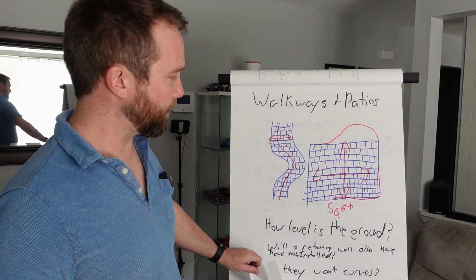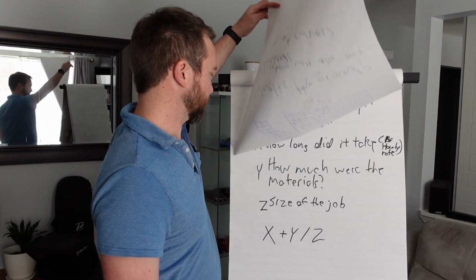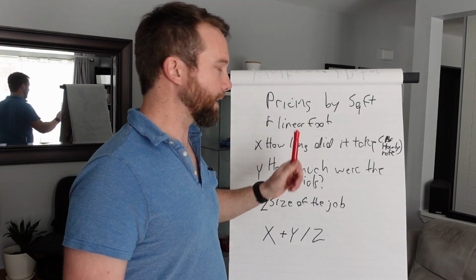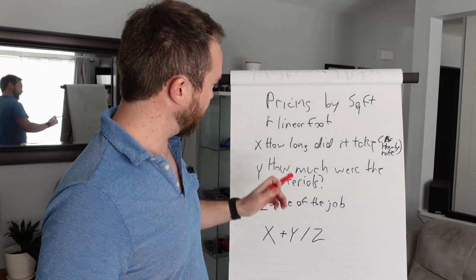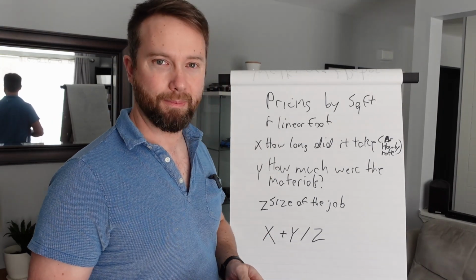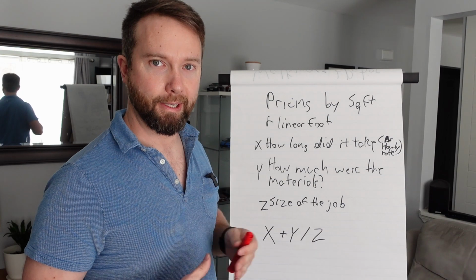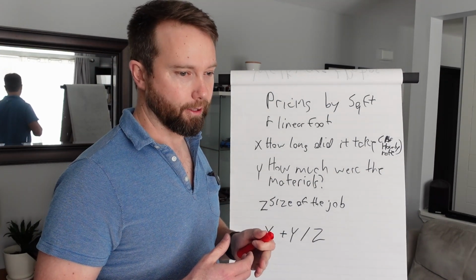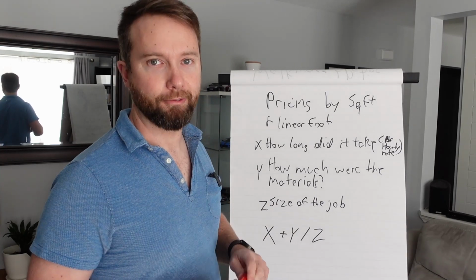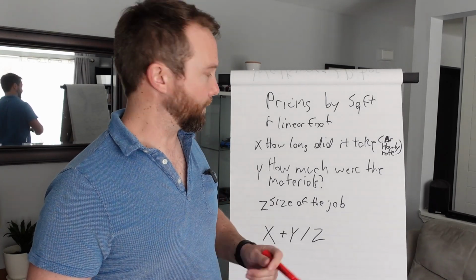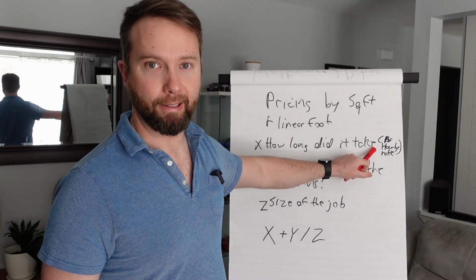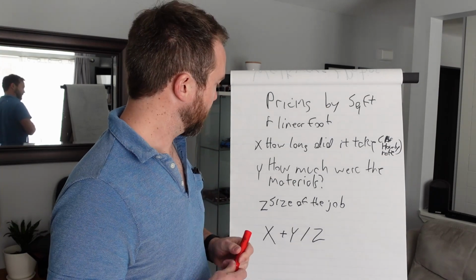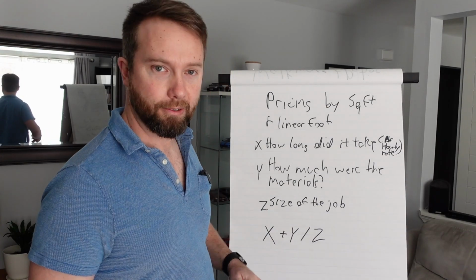Okay, so now let's move on to getting the numbers. So pricing by square foot and linear foot. Once you got this down, it just makes pricing jobs so much easier because you can scale it up and down. So say you price a job that the patio is 150 square feet. You're going to figure out how long it took you to do that patio, how much were the materials involved, and then you're going to divide that into the square foot of the patio.